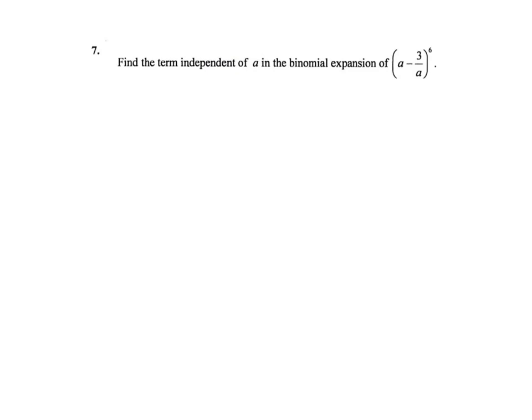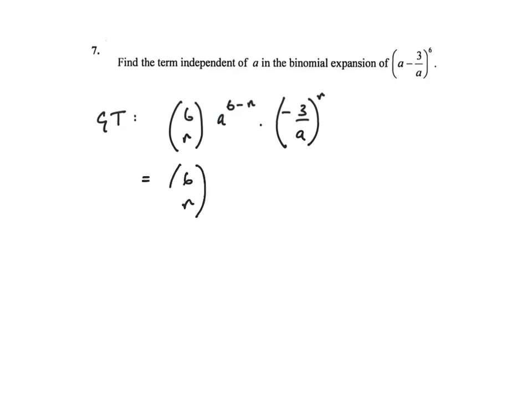What we want here is the general term. So we're going to have 6r, a to the power of 6 minus r, minus 3 over a to the power of r. So we have 6r, a to the 6 minus r.